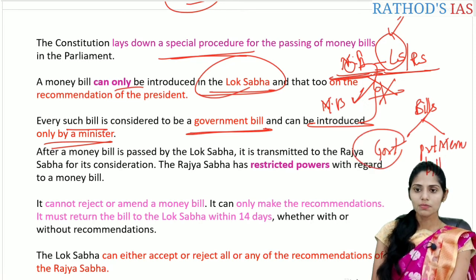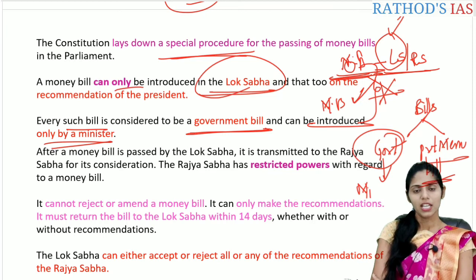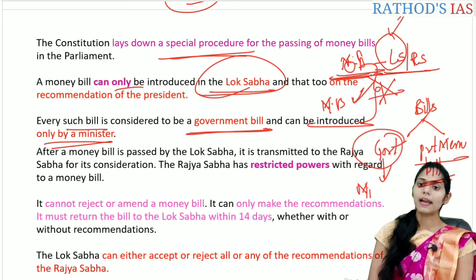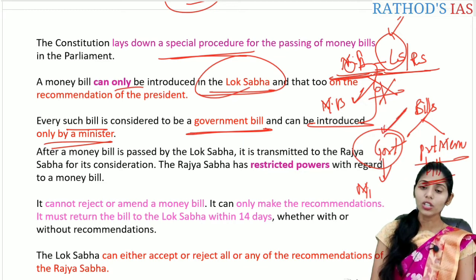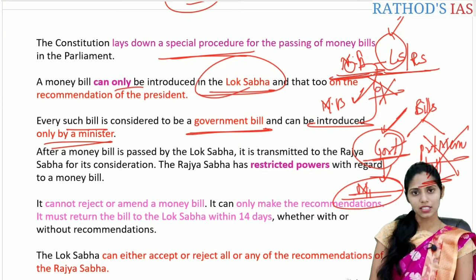The government bill will be introduced by a minister, and the private member bill will be introduced by a private member. That means he will be an MP, a member of parliament, but not a minister. Correct? But money bills can only be government bills. That means they should be introduced only by a minister. So there will be no private member bills regarding money bills.